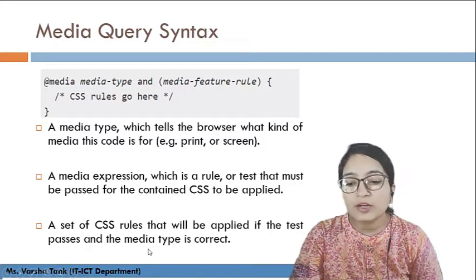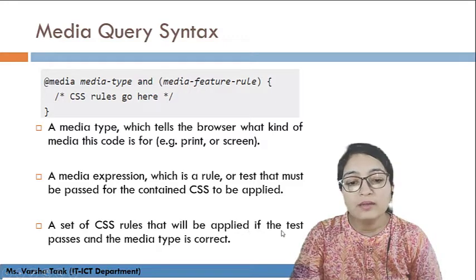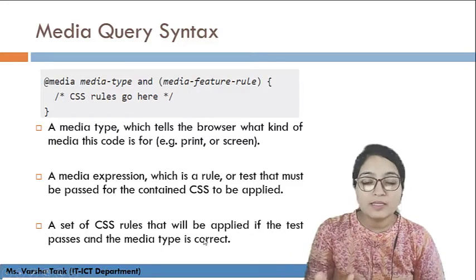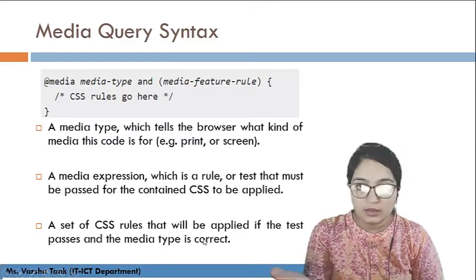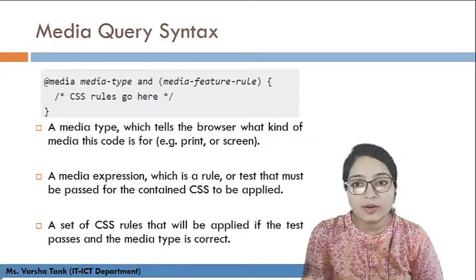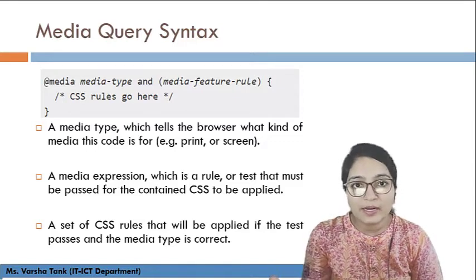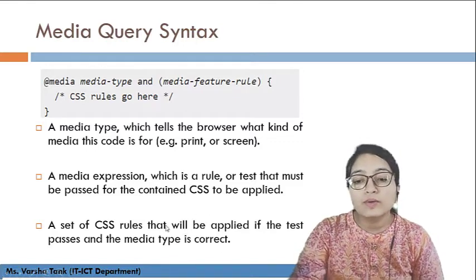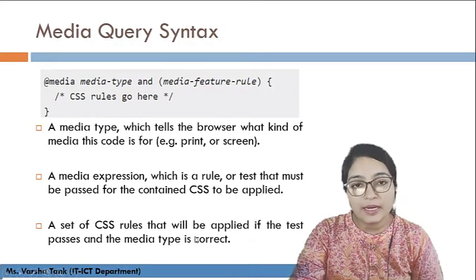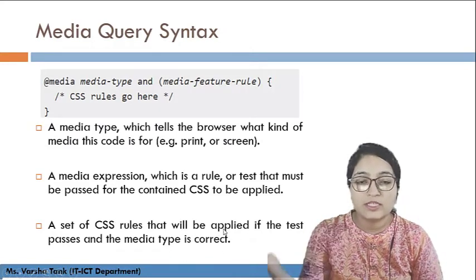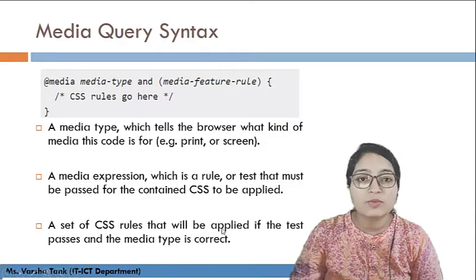So a set of CSS rules will be applied when the conditions are true. You will see that effect in the practical, so you will have a better idea about this. Whenever those conditions are true and the media type is correct, it will execute that particular rule that we have specified.